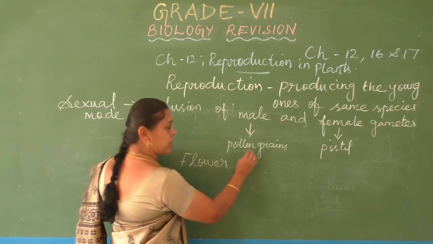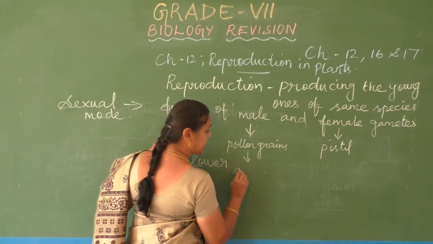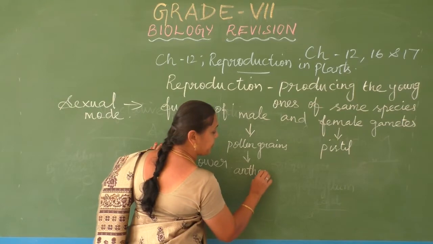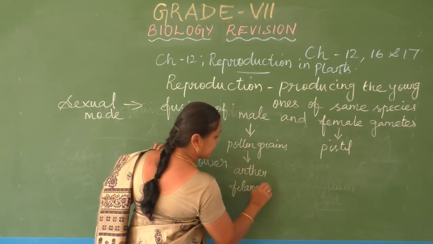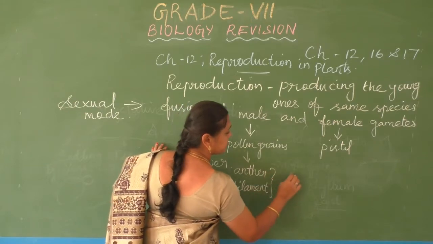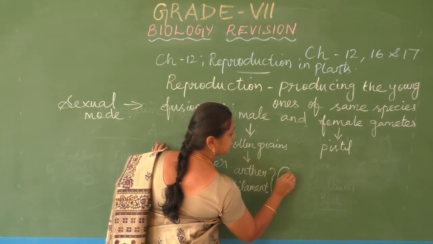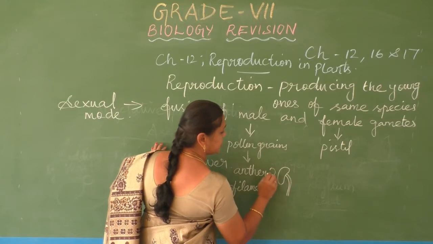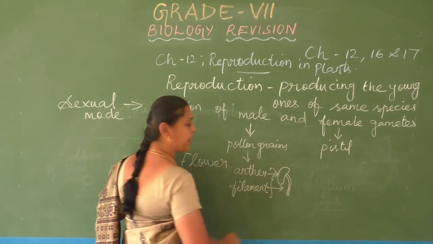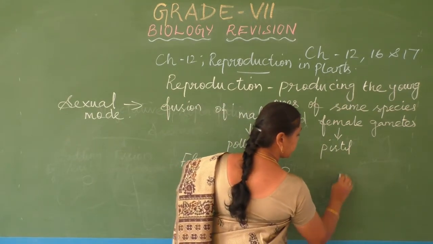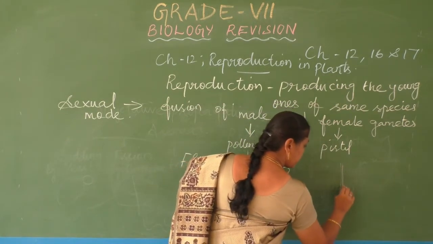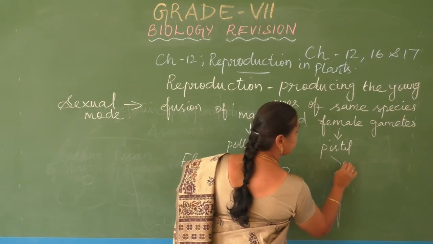And this stamen consists of 2 parts, that is anther and filament. This is anther and this is filament. And in the case of a pistil, in hibiscus and all, you can view this very easily.